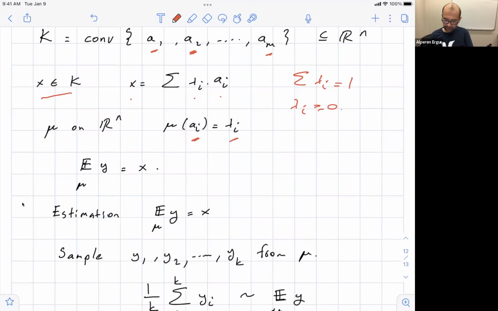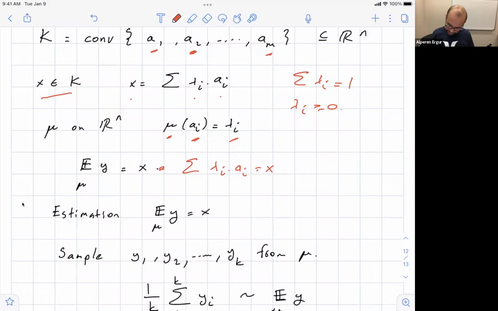What is the point of this? If you take expectation with respect to this measure, you end up getting precisely the sum of lambda_i A_i, and that is just X, right? So you created a probability measure where the expectation is the point that you like. X is what you want to deal with. For me, X is going to be the polynomial I'm trying to decompose, right?